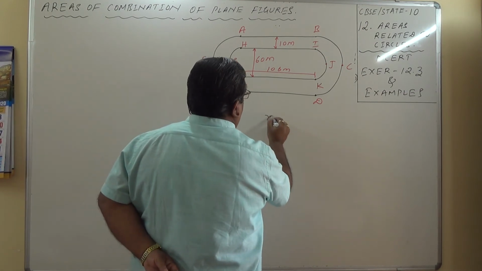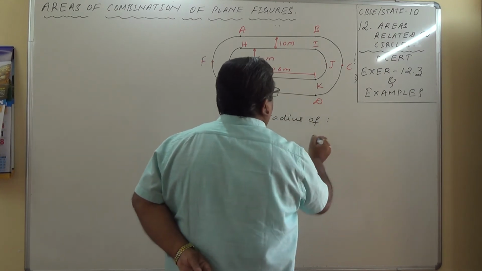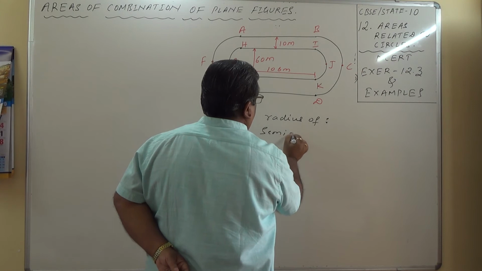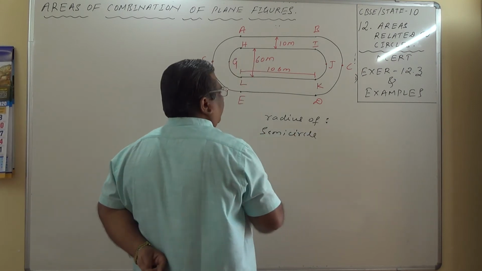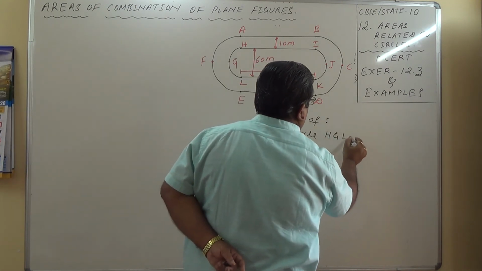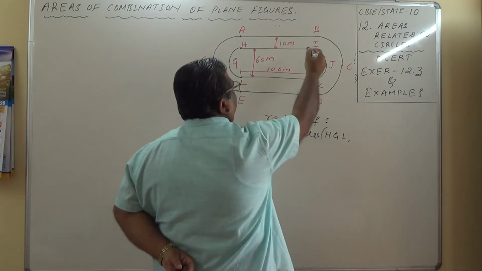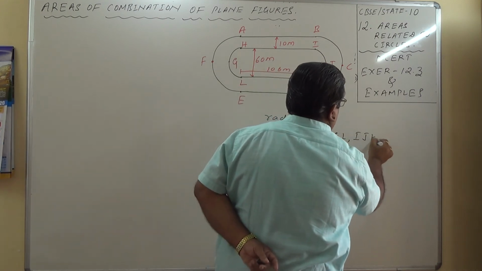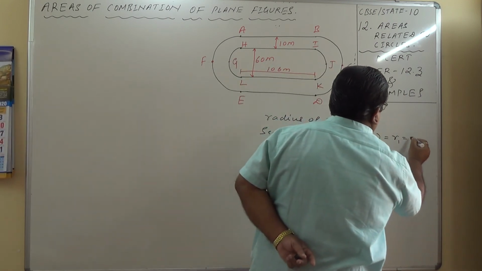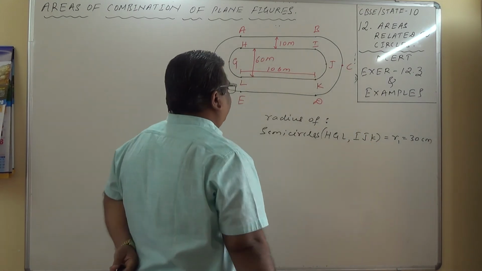Radius of semicircles HGL, IJK is equal to R1 equals 60 by 2, which is 30 centimeter. The radius for these two inner semicircles is 30 centimeter.